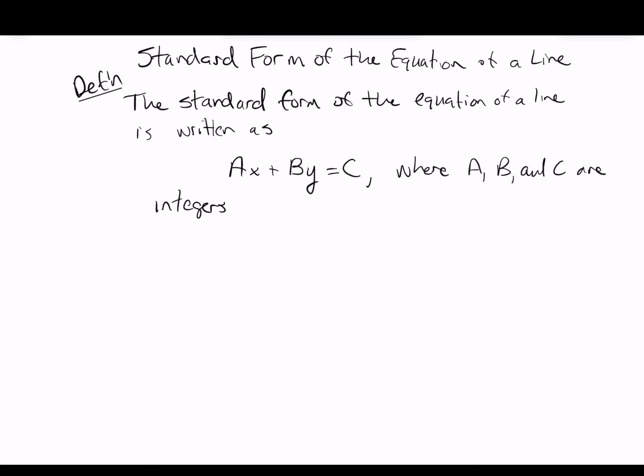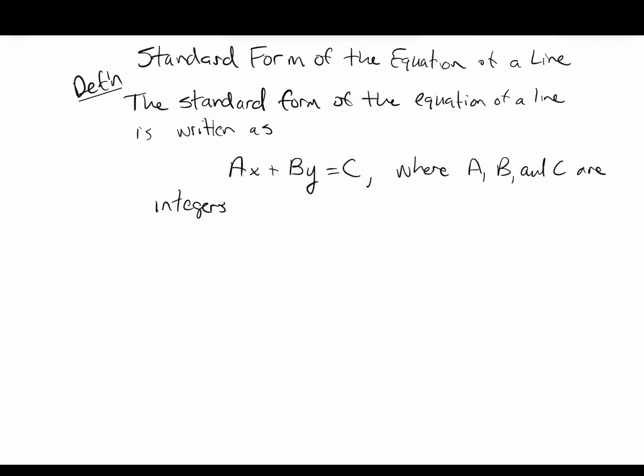In addition to the slope-intercept form of the equation of a line, another way to view the equation of a line is the standard form of the equation of a line. The standard form is written as ax plus by equal to c, where a, b, and c are integers. What this means is that we have the x and y terms on one side of the equal sign, and the constant term is on the other side.